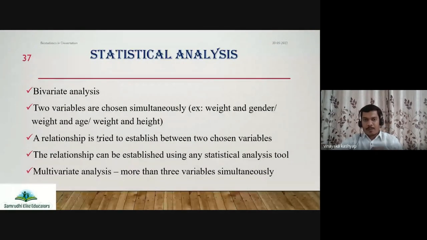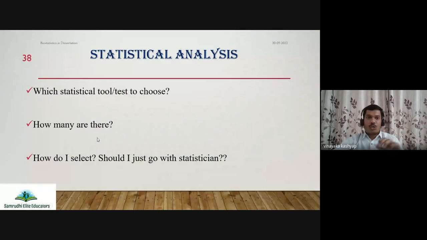Okay, now in order to do all these things, which is the statistical tool you want to choose? This is the most common confusion every student usually faces. Okay, when to do t-test, when to do chi-square test, what other tests are available, how many tests are available, how should I select, or should I just follow whatever the statistician says? So this is one of the most common things that is faced.